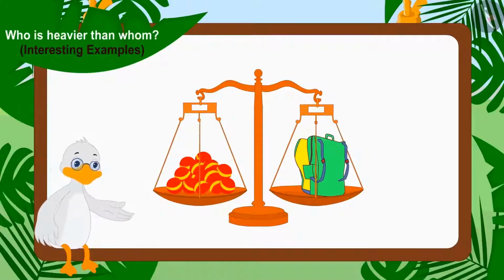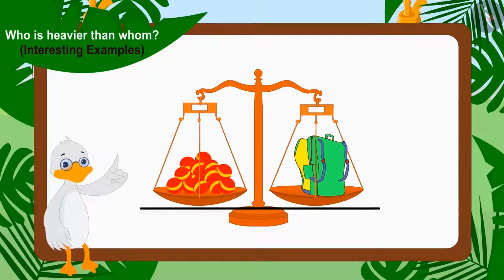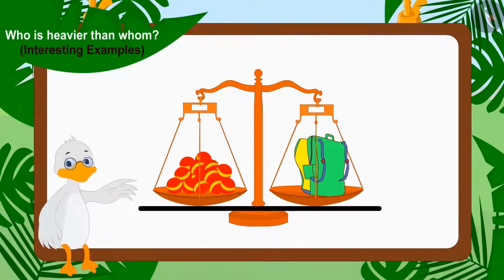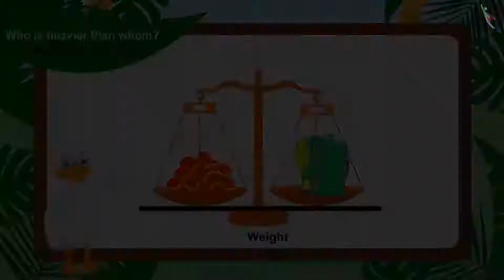Uncle then explained to them that when the two plates of the scales are on the same level, it means that the weight of the objects in both the plates is the same.